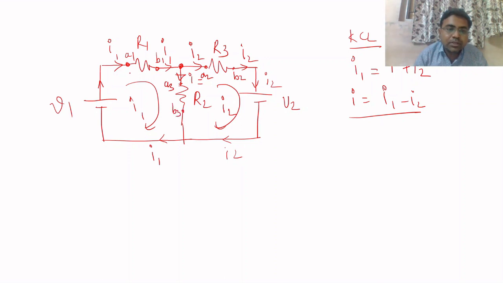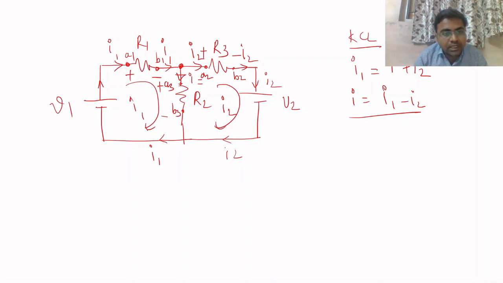Okay, so the potential available at A1 will be higher as compared to B1. The reason is current flows from A1 to B1. So here it will be positive, here it will be negative. Similarly, current flows from A3 to B3, so the potential at this will be plus and the other is minus. Similarly here it is plus and minus.